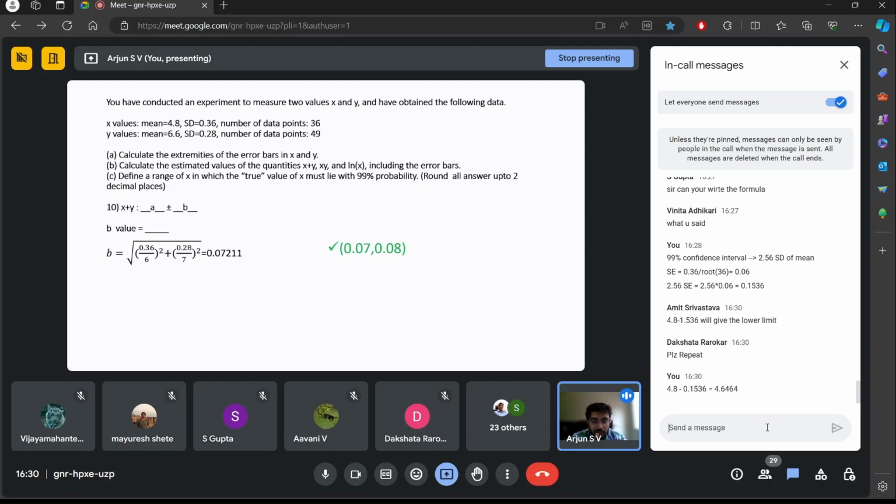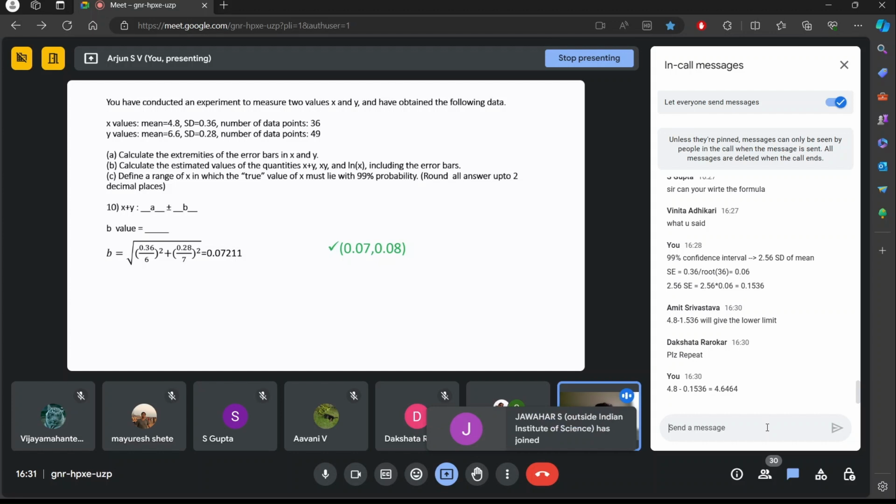Dakshata, please repeat this question. Okay, so the last three, focus on the last two questions, questions 15 and 16. They are asking you to find the lower and upper limits of ln of x with a 99% confidence interval with 2 decimal places.